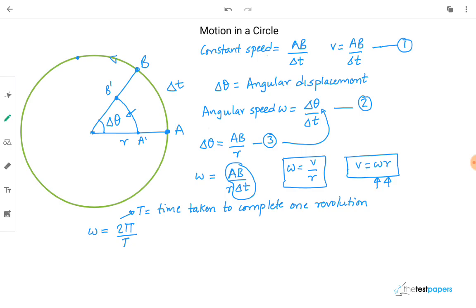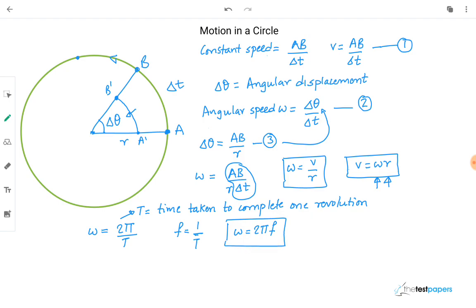So omega is 2 pi by t. We know frequency is the reciprocal of time period t. Frequency is 1 by t. So if we substitute 1 by t here, we get omega is equal to 2 pi f. So this is another important relationship that you should remember.